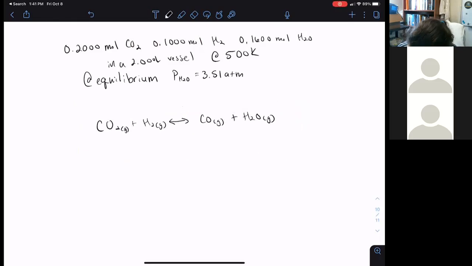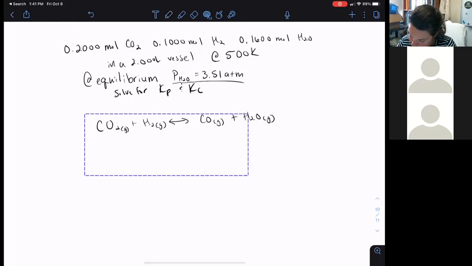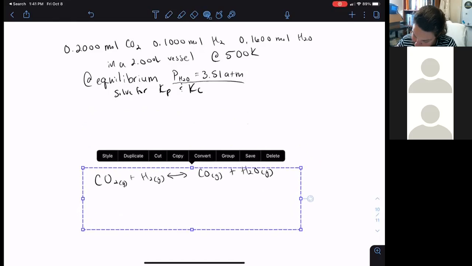And we want to solve for our Kp and Kc. So we're going to start by solving for our Kp because we're given our partial pressure of water. A little bit more room again, because I want to do my recipe with this.